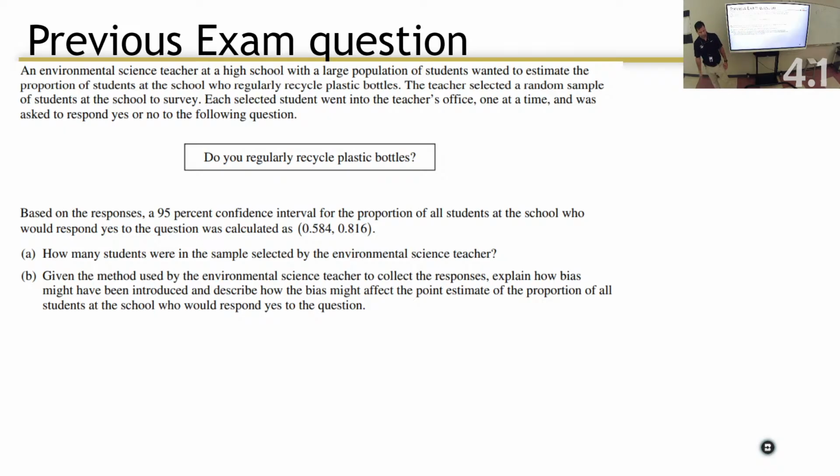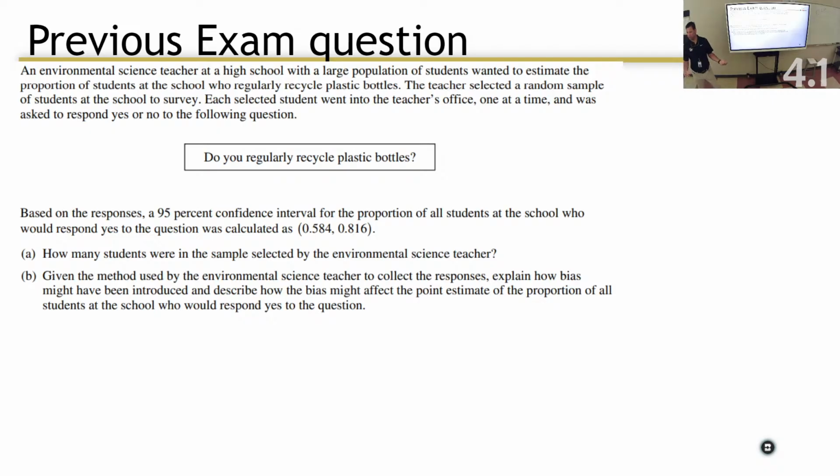That's second semester. But the second part is, given the method used by the environmental science teacher, again, they're reminding you it was an environmental science teacher, to collect the responses, explain how bias might have been introduced, and describe how the bias might affect the point estimate, this number here, of the proportion of all students.